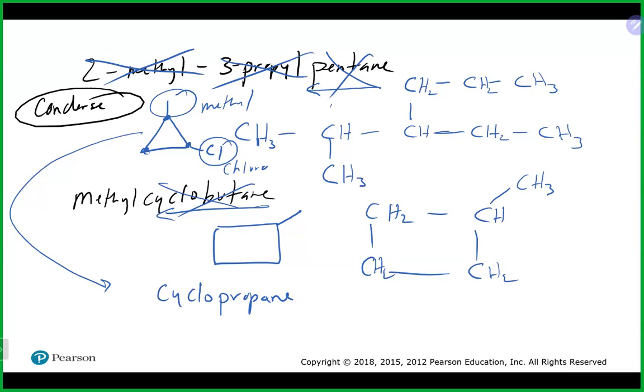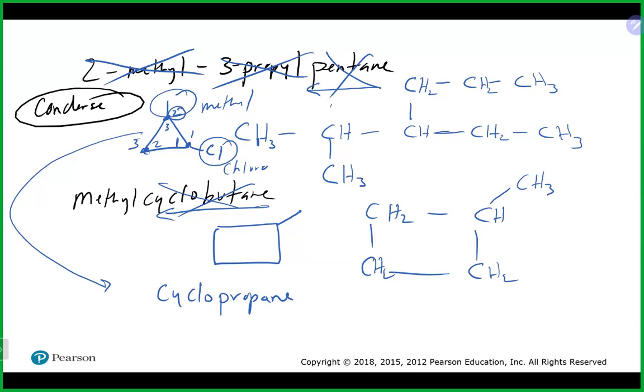And when we put our groups in, when we name it, we go by alphabetical order, yes? Which means I probably should start numbering out which one, the chlorine or the methyl? Yeah, because that will give the chlorine the smaller number, right? Now I could go 1 here and I could go 2, 3, or I could go 1, 2, and 3.